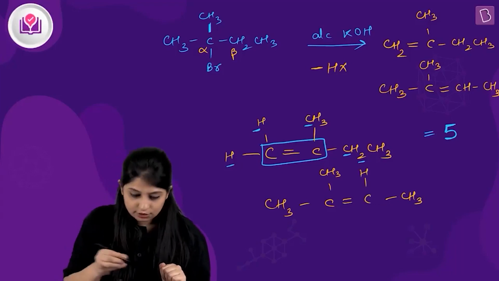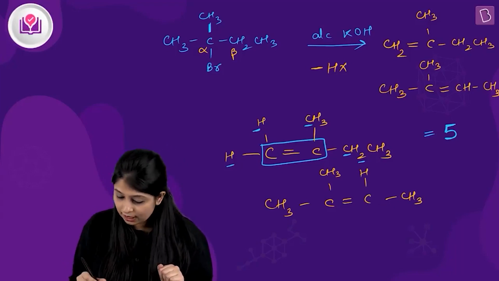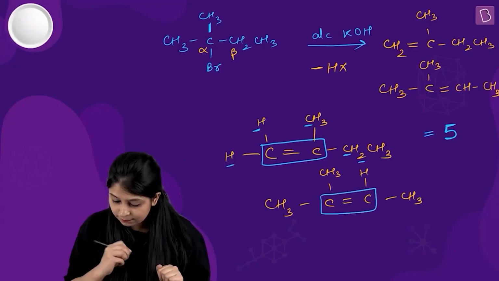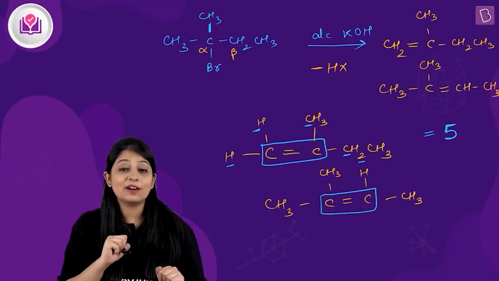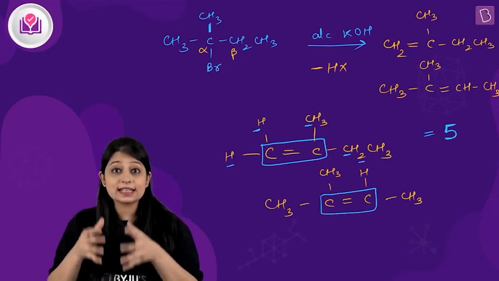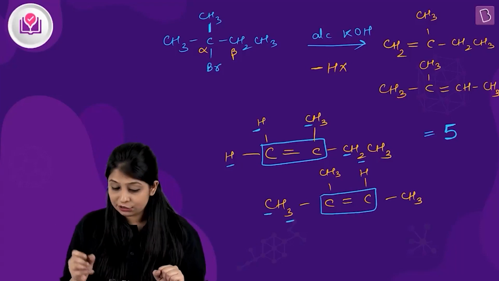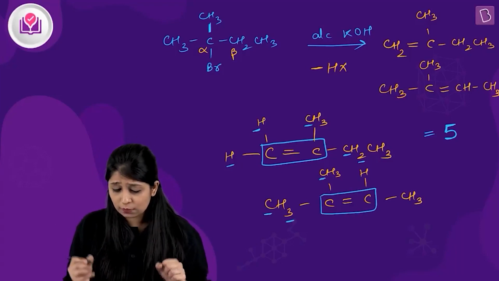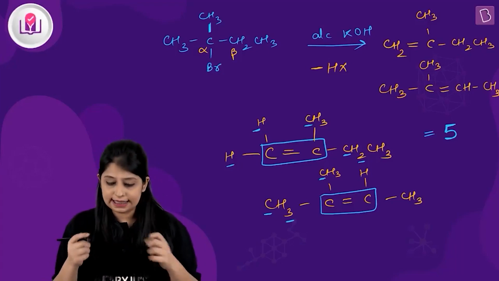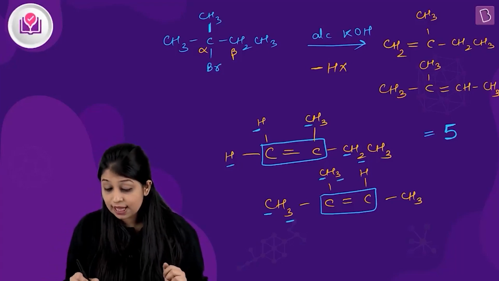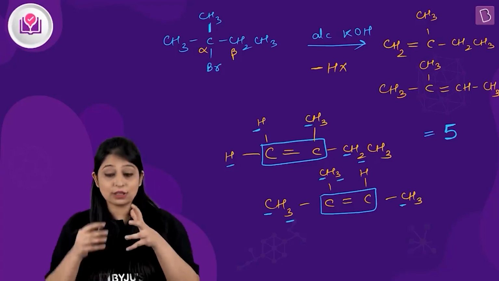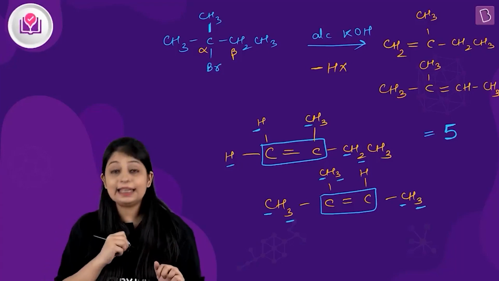Here we have our entity, C double bond C. Let's see how many alpha hydrogens this alkene has. This carbon has 3 hydrogens. One more carbon atom attached to this entity also has 3 hydrogen atoms. There is one more carbon attached to this entity which has 3 hydrogen atoms.